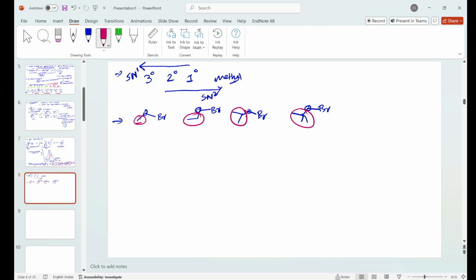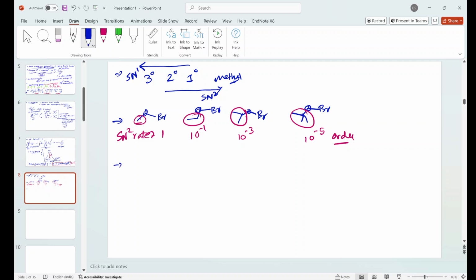So the SN2 reaction rate will be 1, 10 to the power minus 1, 10 to the power minus 3, and 10 to the power minus 5 order. So for SN2, you have a less sterically congested carbon center.